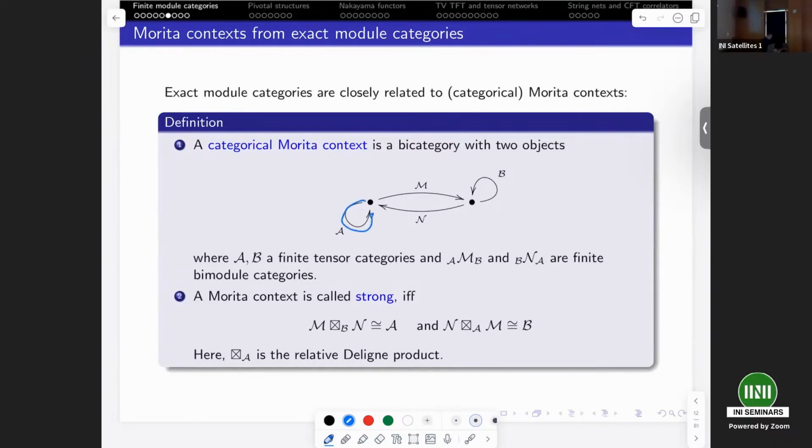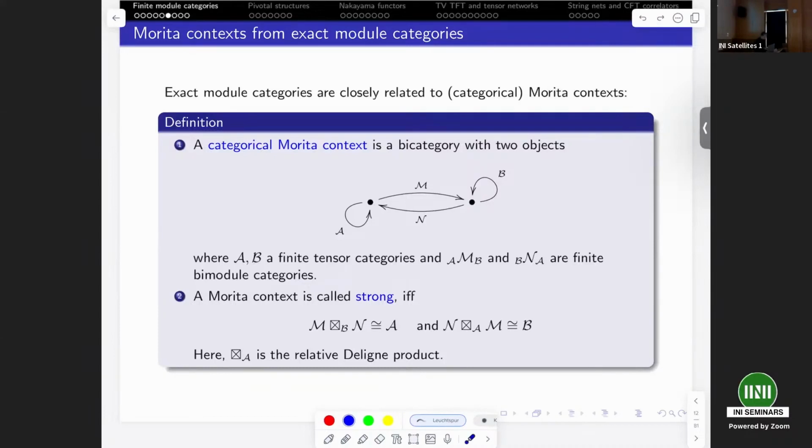You have a monoidal category, you have another monoidal category, and you have a bimodule, which is an A-B bimodule and a B-A bimodule, and they fit together into a bicategory with two objects, and this summarizes the structures of these module categories.